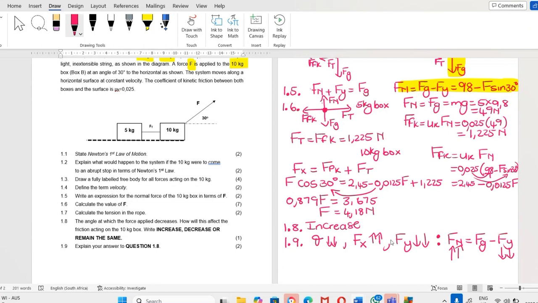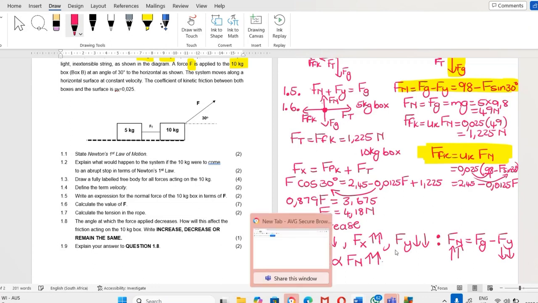All right, and if the normal force increases, do not forget that Ffk is directly proportional to the normal force as given by the equation Ffk equals uk multiplied by Fn. So if the normal force ultimately increases because the value of Fy has decreased, then the kinetic friction should also increase.